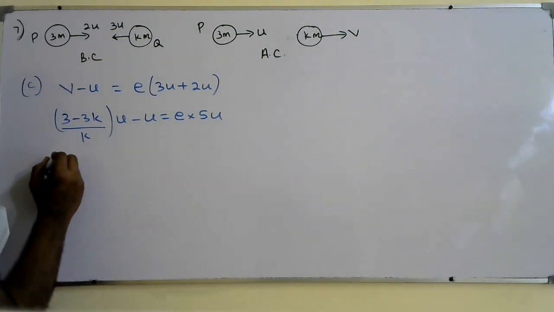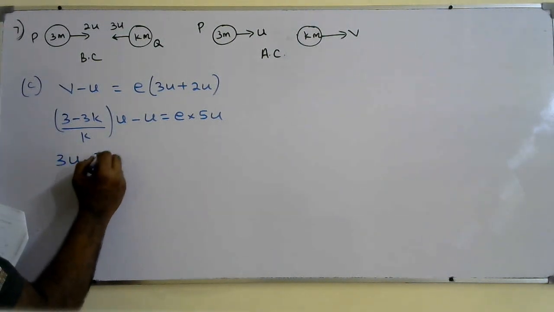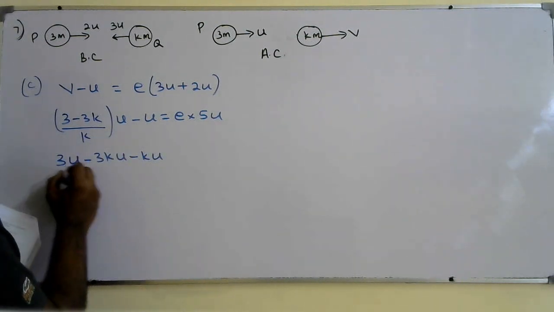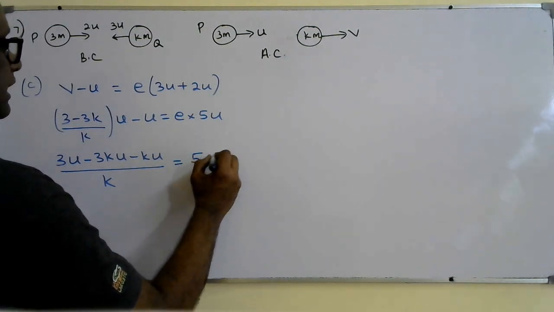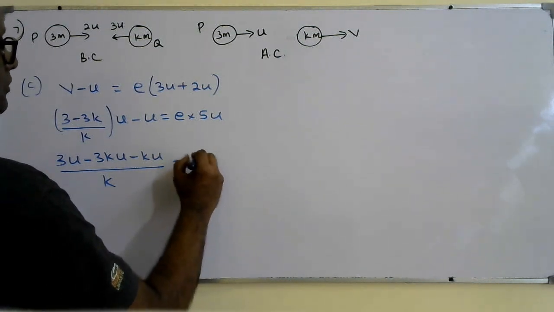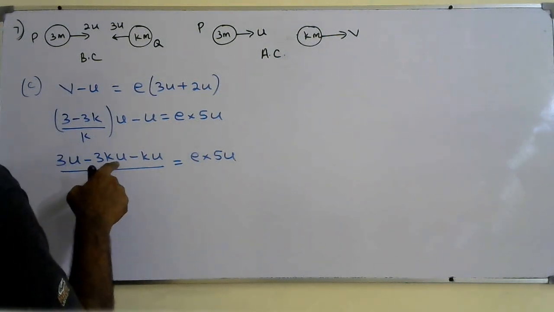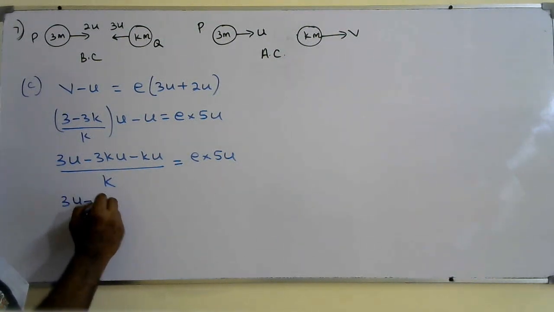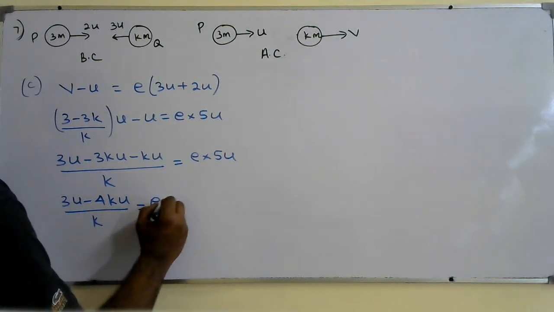We'll solve it. This is going to be 3U minus 3KU, minus KU over K, equal to 5EU. So it's going to be 3U minus 4KU over K equal to E times 5U.